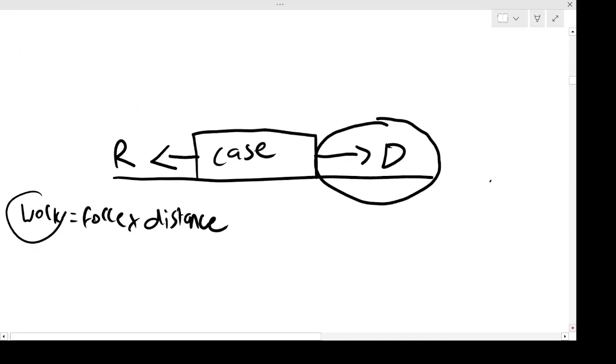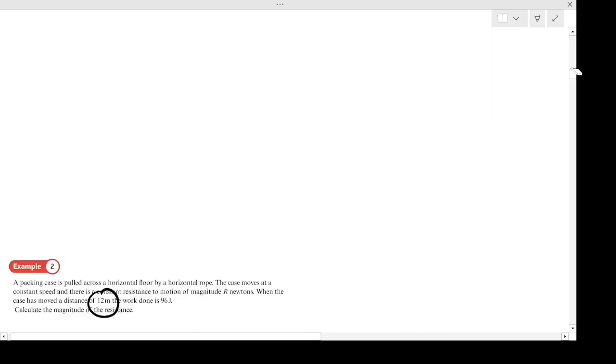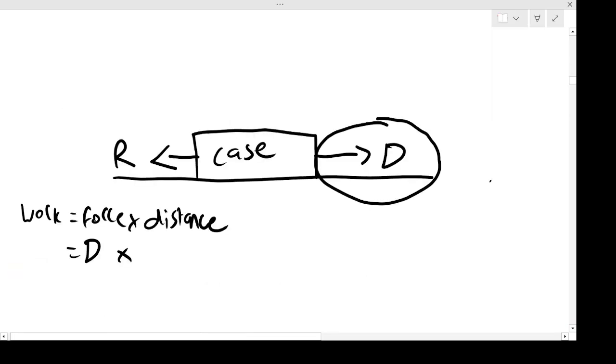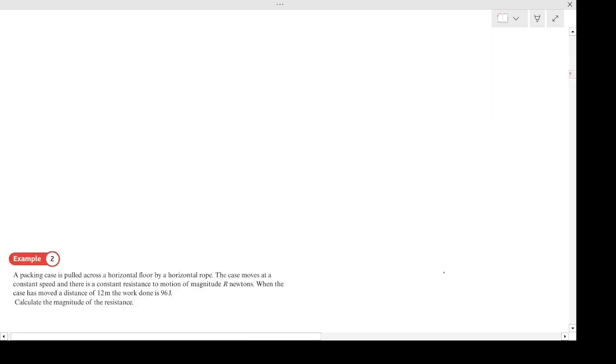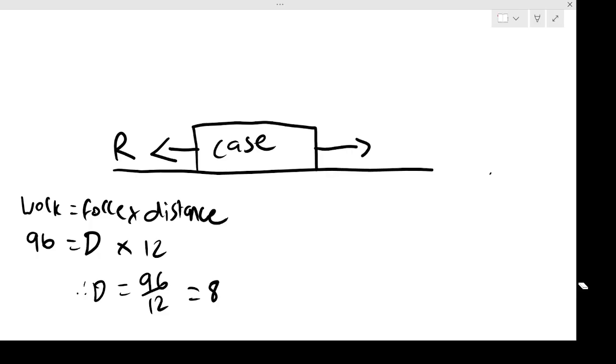Using the formula, that's equal to D times the distance, which I'm told is 12 meters. I also know the work is 96. So we just get this equation: 96 is D times 12. Therefore, if I divide by 12, I get D equals 8. So my forward force is 8 newtons there.